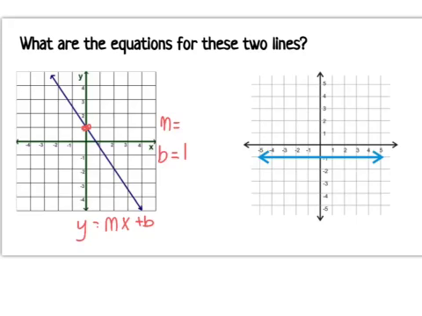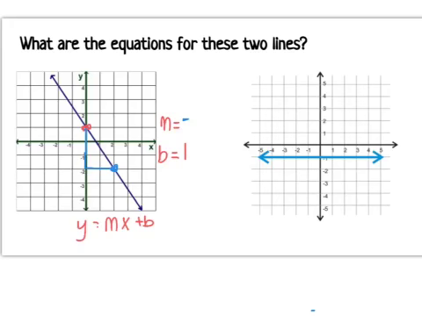First, when I look at this, I see that the line is going down. That means my slope is going to be negative. So I'm going to start where my y-intercept is, and I'm going to count 1, 2, 3 down and over 1, 2 to get to the next clear point.